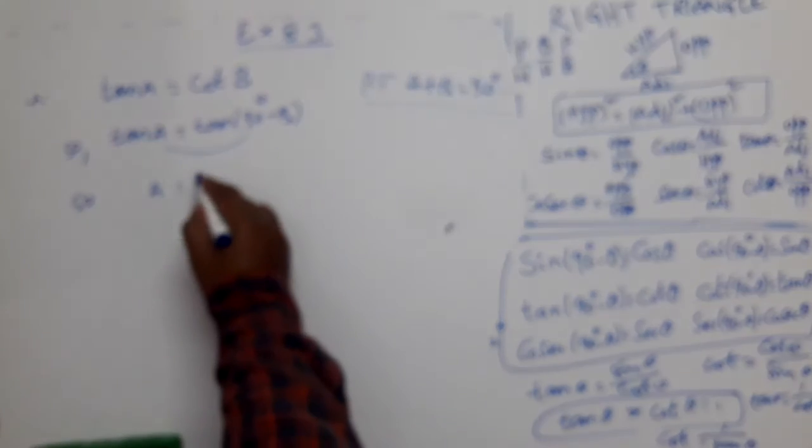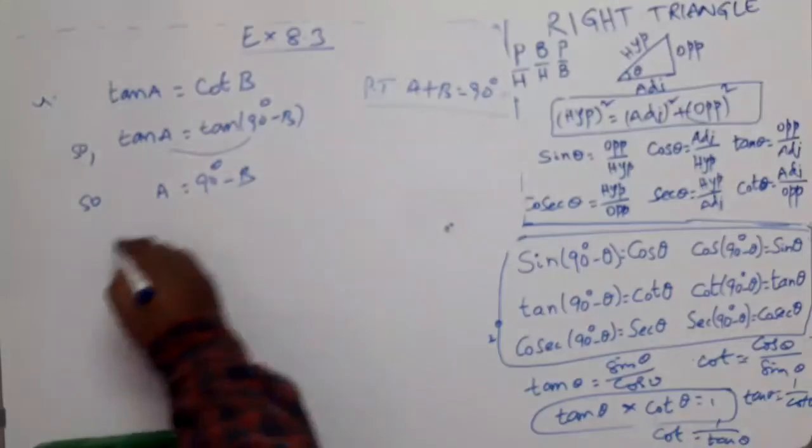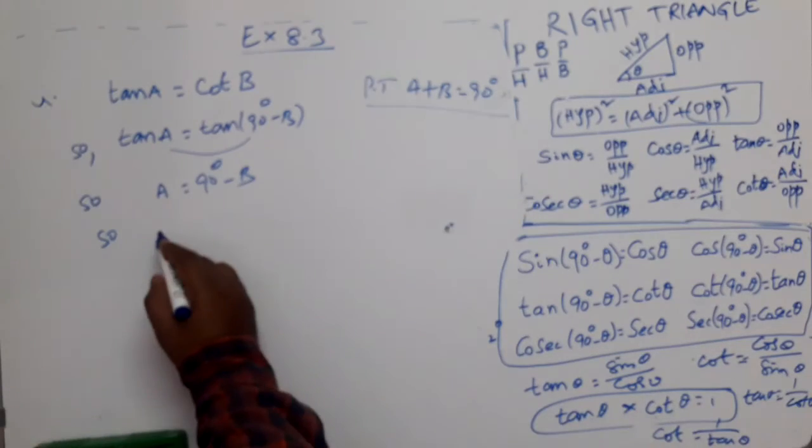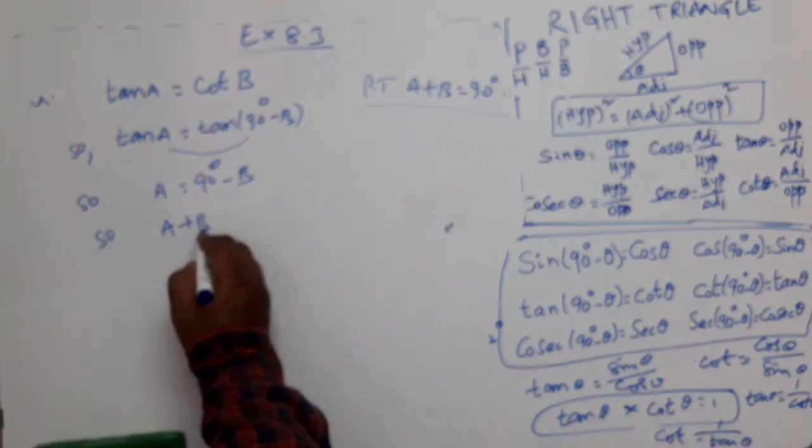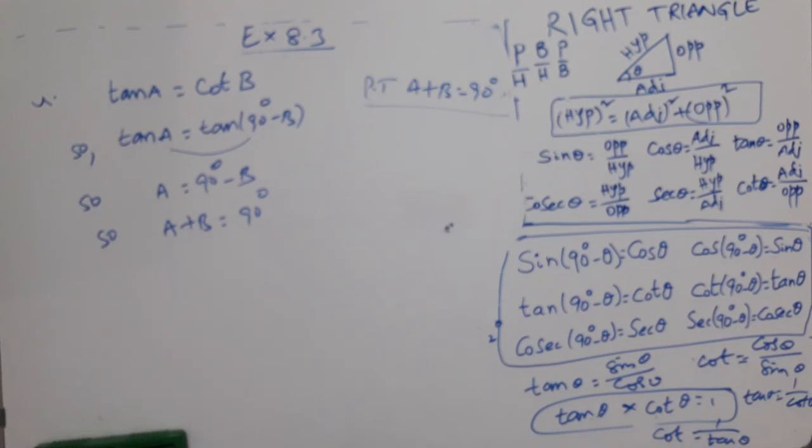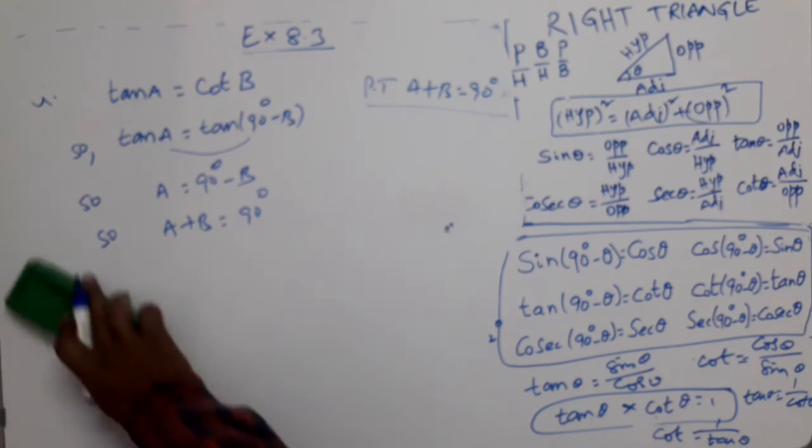So A is equal to 90 degrees minus B. On transposing, or simply adding B on both sides, what is remaining? A plus B is equal to 90 degrees. That's all. Next, question number 5. Let us see question number 5.